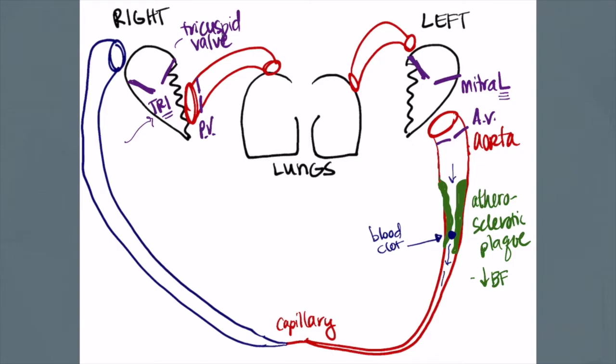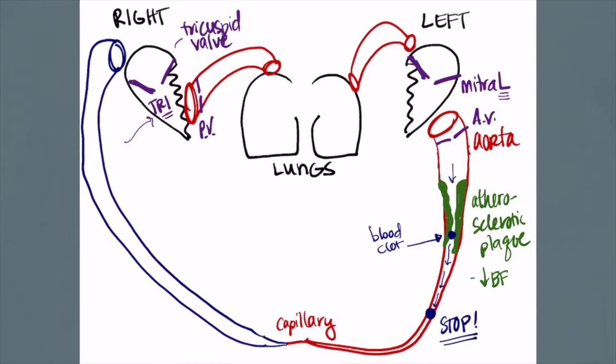It will continue to move until the diameter of the blood vessel is just the same size, if not a hair smaller, than the blood clot itself. It would stop on the arterial side.